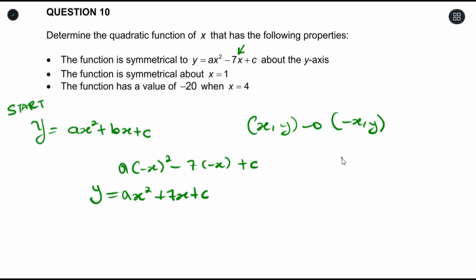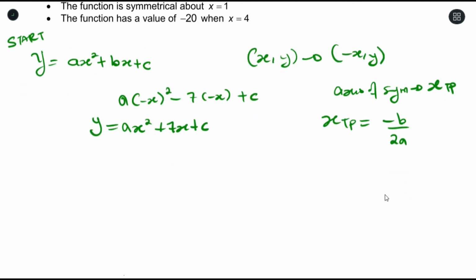Another word for axis of symmetry is the x value of your turning point. And if you do remember, the formula for x value of your turning point can be gotten by saying negative b over 2a. So we can actually use this to help us calculate our a.